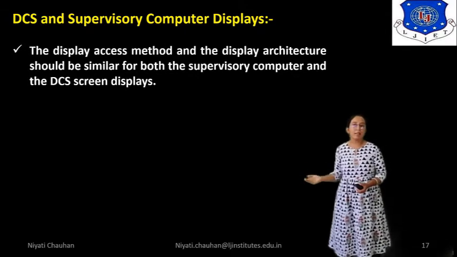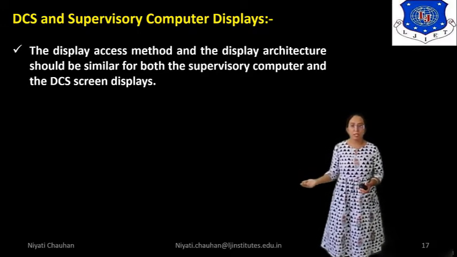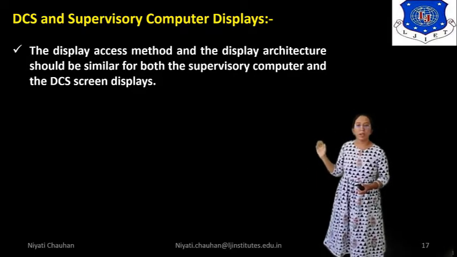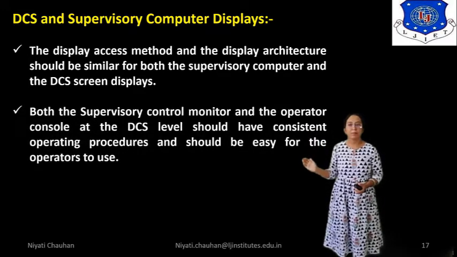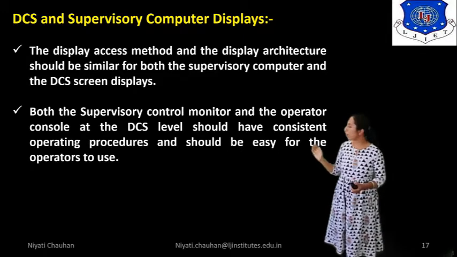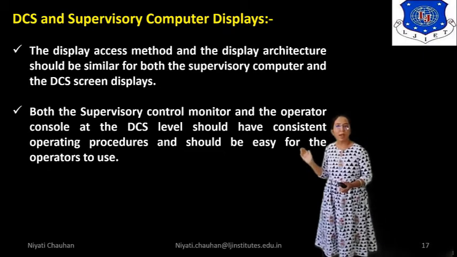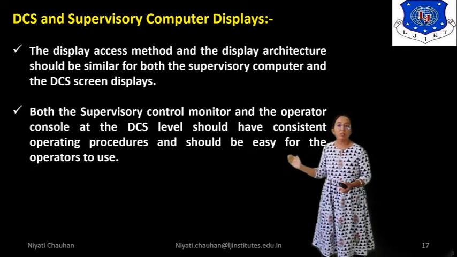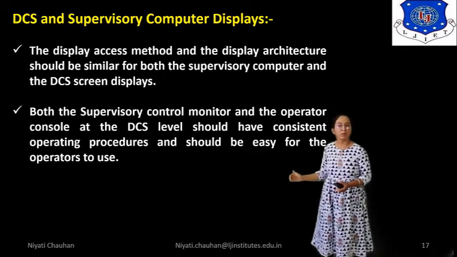The display access method and display architecture should be similar for both the supervisory computer and the DCS screen display. Both the supervisory control monitor and the operator console at the DCS level should have consistent operating procedures and should be easy for the operators to use.